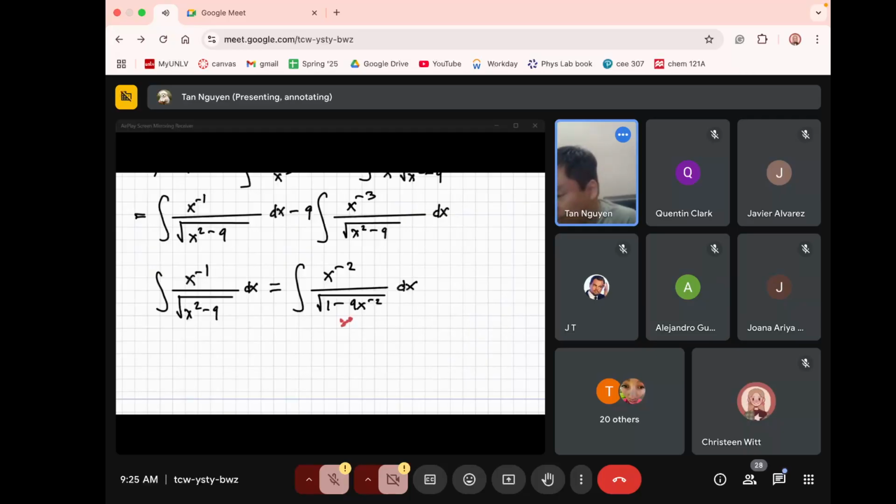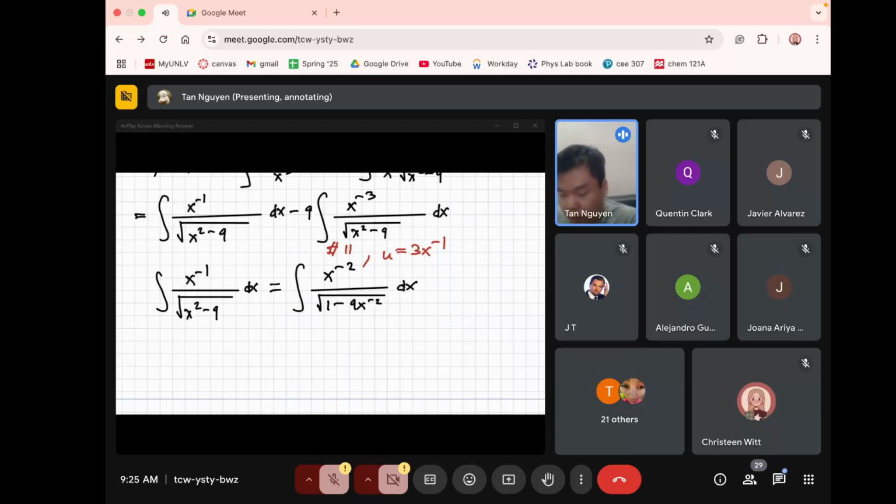What is u? U is 3x to the negative 1. You guys see that? So this is number 11. Formula number 11. See how quickly I recognize it? I couldn't even remember a problem for a few seconds, but I memorized my formulas very well.